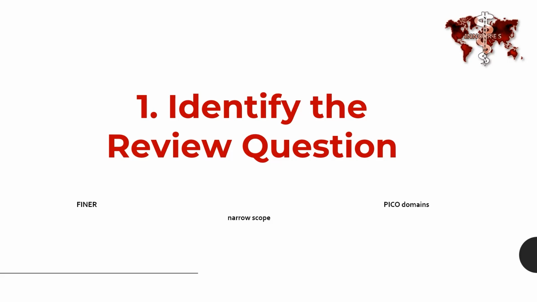And for a question to be considered a good question, it has to follow the FINER criteria, which we will talk about in detail in the next slide. Also, systematic reviews of intervention should follow certain domains, which we will also talk about in the next slides.